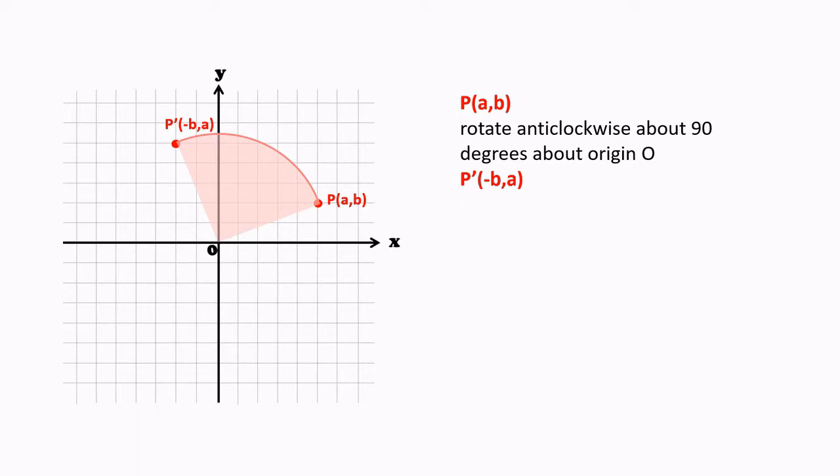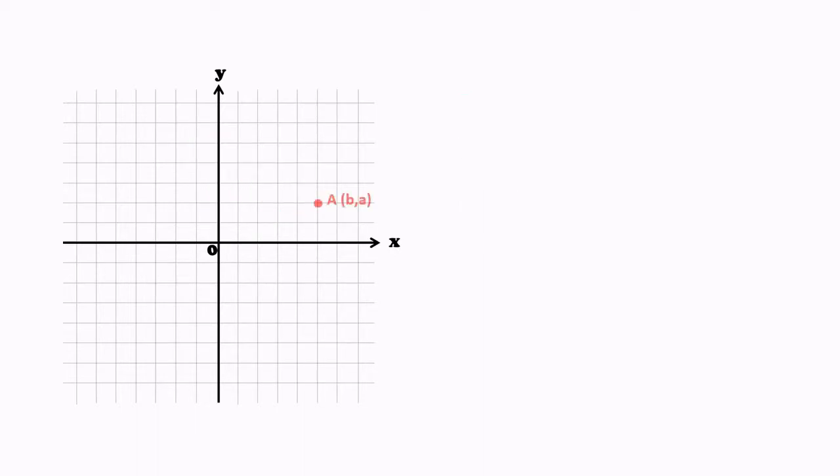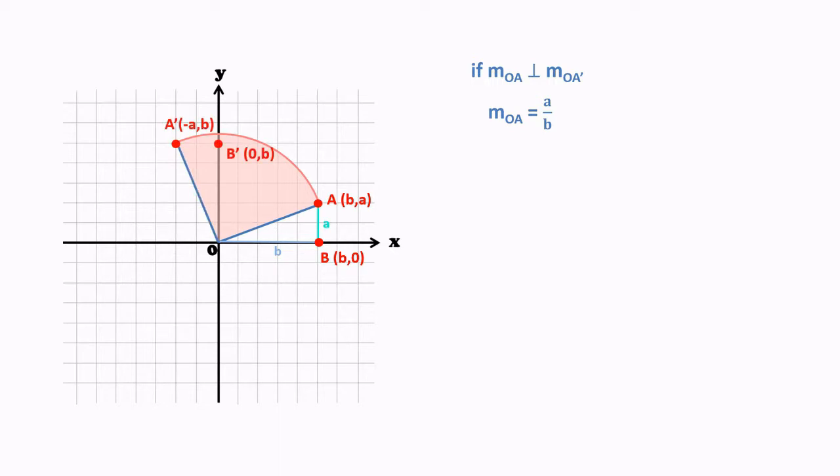If we look into the figure, line OA has a slope a over b. It is also the hypotenuse of right-angle triangle AOB. When we rotate triangle AOB about the origin O anti-clockwise through 90 degrees, we get A'OB'.